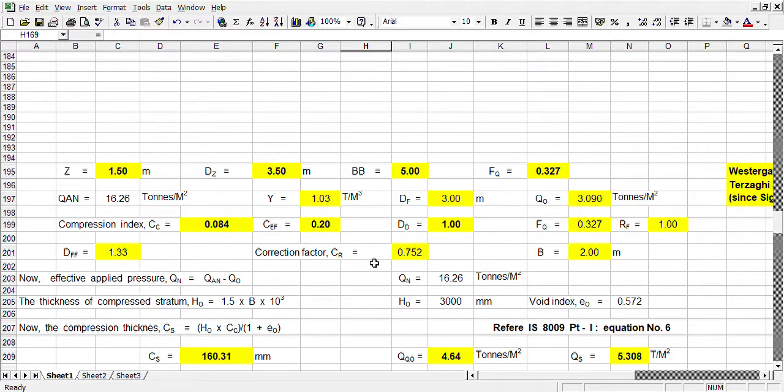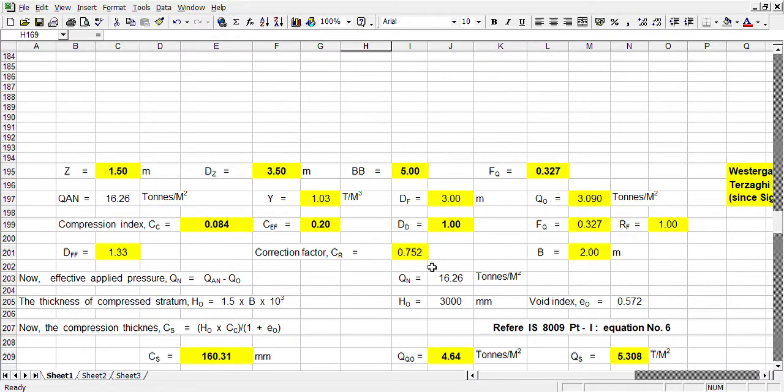Now the depth correction factor is 1.33, and Fox curves give the correction factor of settlement as 0.752.